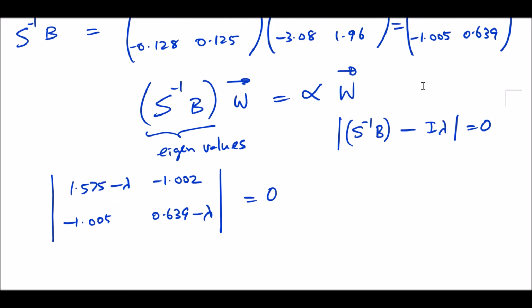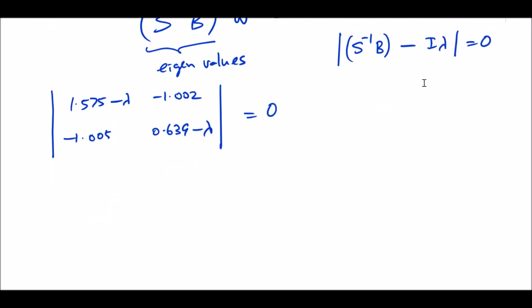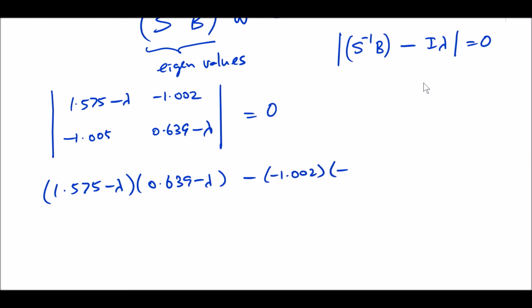Okay, so we can find the determinant of this. If you calculate 1.575 minus lambda times 0.639 minus lambda, minus minus 1.002 times minus 1.005, equal to 0. This will become positive; there will be a negative sign anyway. So now we are getting there. We have the equation to find the eigenvalue.